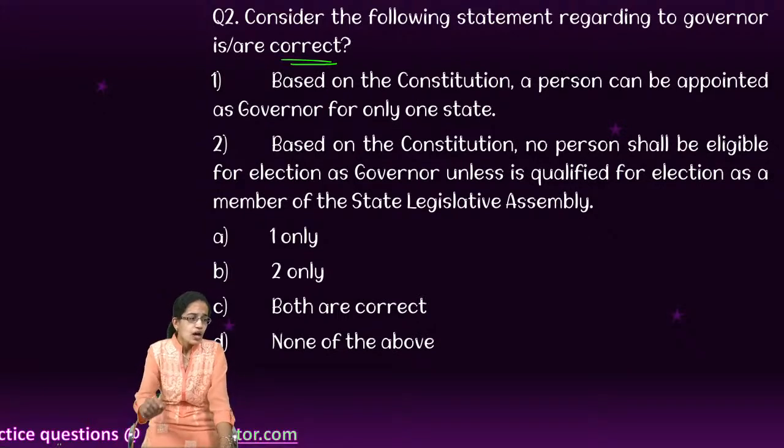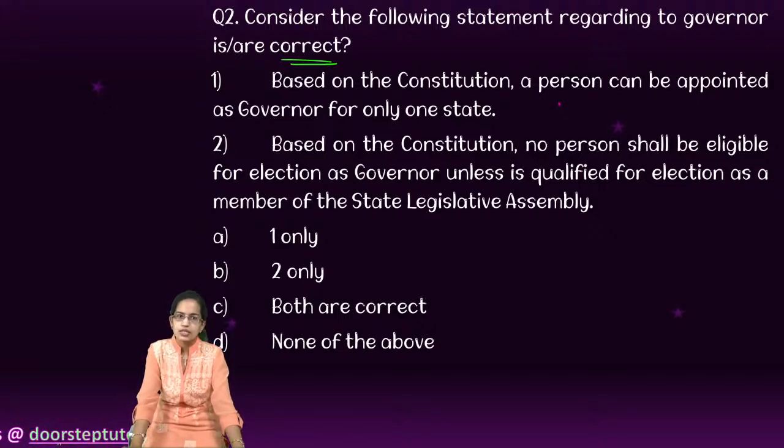Now we have question 2. I request you to mention the question number along with the right option. Okay, Kavya again has the right answer. Good going, Kavya. Here we have the statements. Based on the Constitution, a person can be appointed as a governor only for one state.